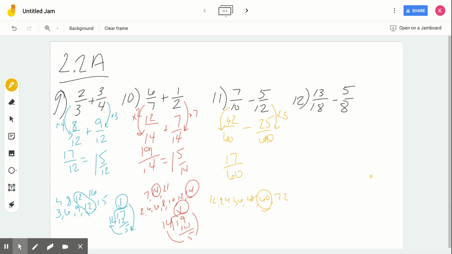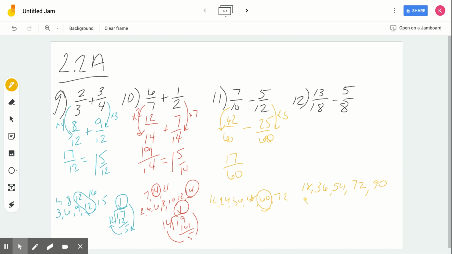All right, number 12 here, again, finding the multiples. So 18 is a little tricky. So 18, 36, 54, 72, and 90.